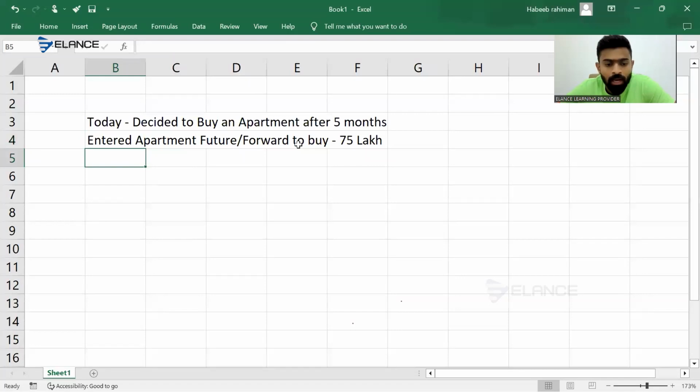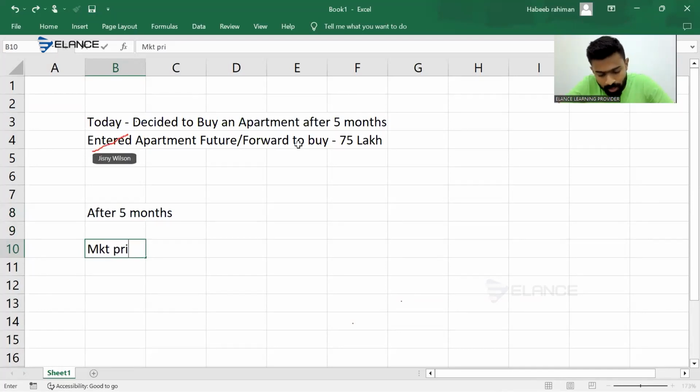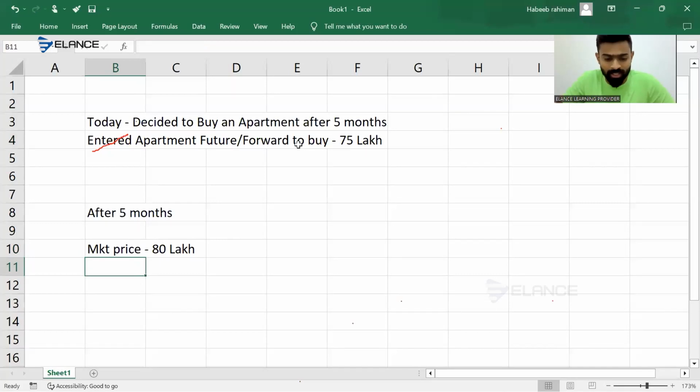After 5 months, assume the market price of the apartment increased to 80 lakh. We'll be so happy. Why? We already took a lock-in rate.